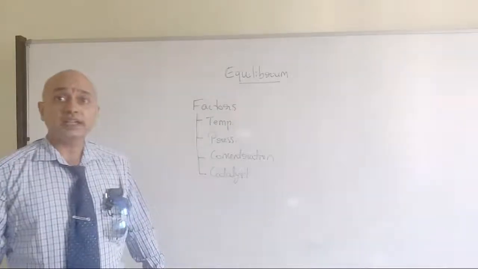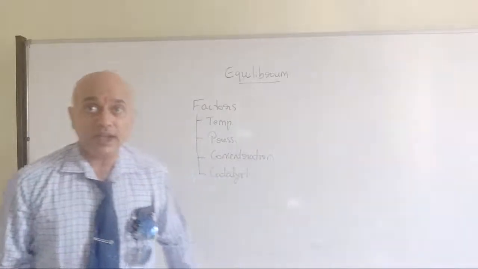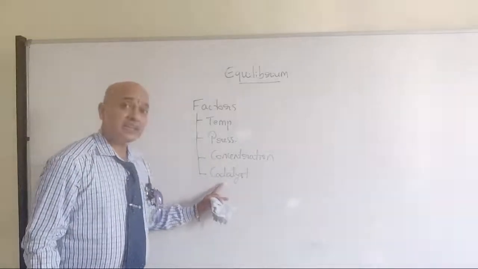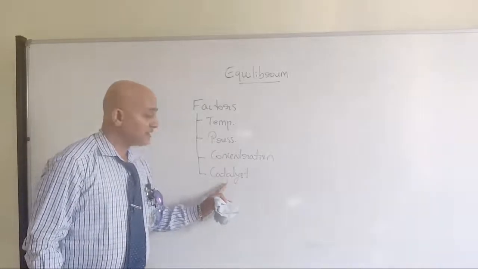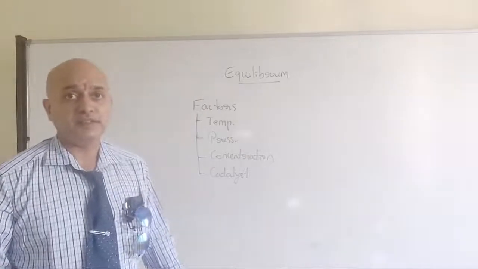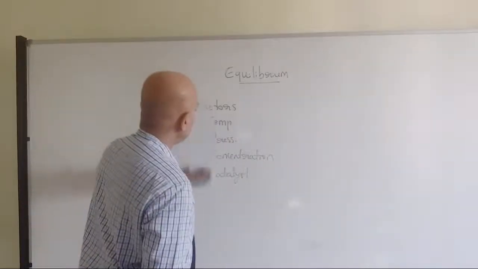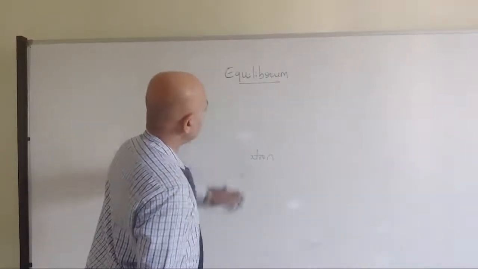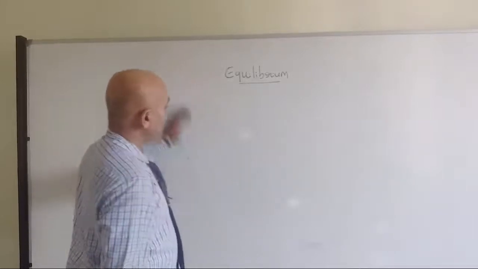As I told, a catalyst is not going to alter the equilibrium, but it helps in attaining the equilibrium at a faster rate. What I mean is it's going to increase the rate of the reaction. So those are the factors which affect the equilibrium constant of a particular reaction.